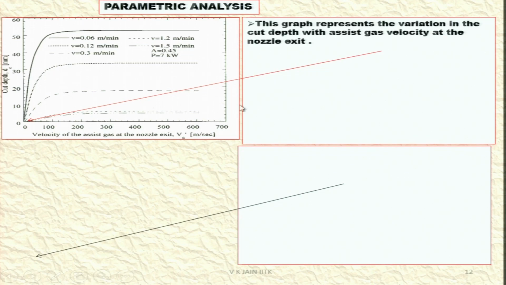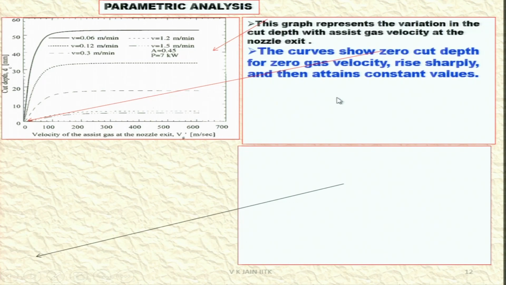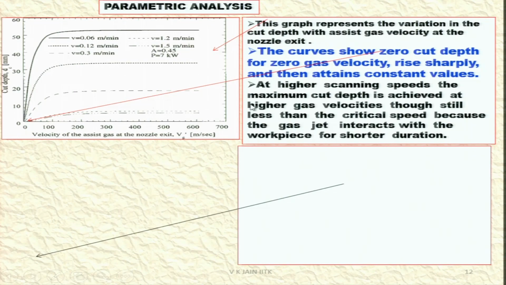This graph represents the variation in the cut depth with assist gas velocity at the nozzle exit. The curve shows zero cut depth for zero gas velocity, that is over here, at this particular point, and then attains constant values.